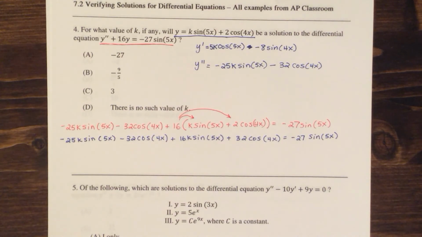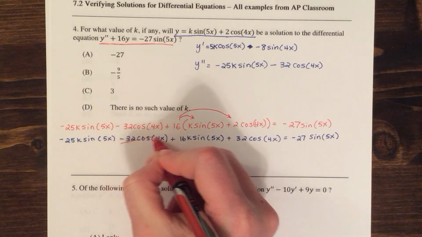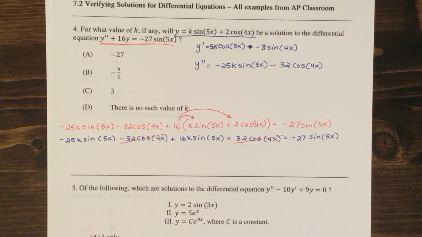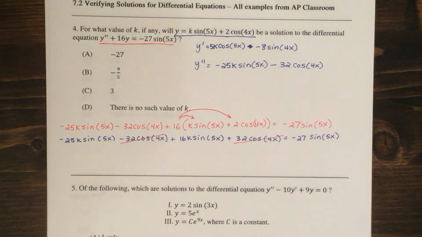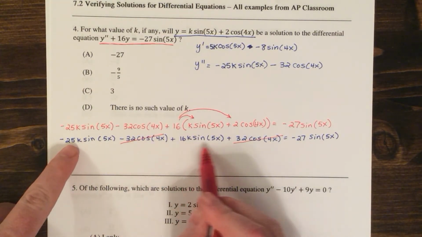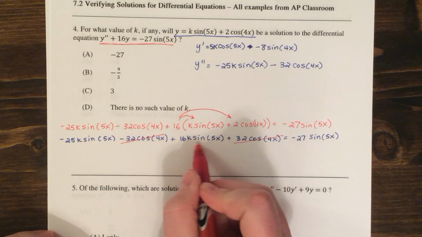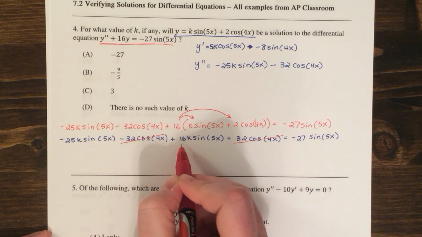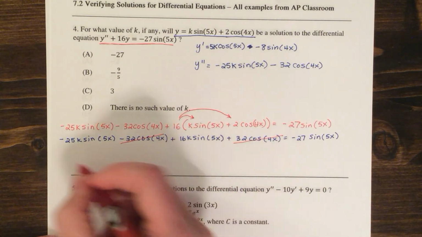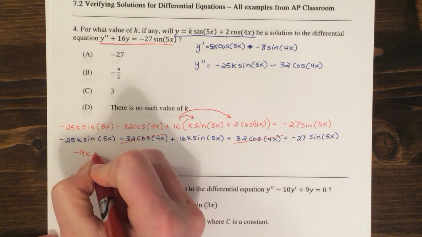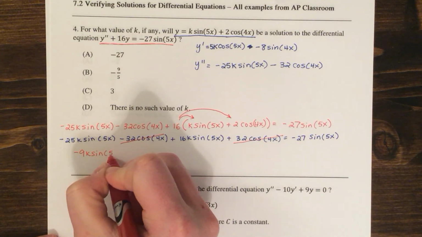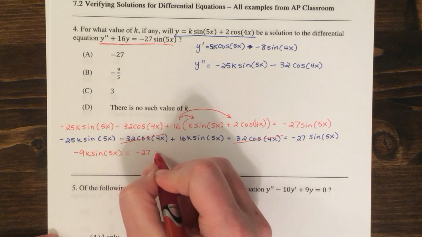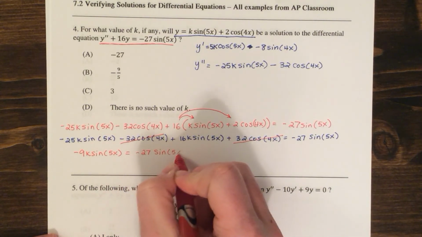What we can see here is we can combine some like terms. So we have this negative 32 cosine 4x and a positive 32 cosine 4x. Those are going to cancel each other. And then we can combine these two deals here because they have the same kind of back end portion. So negative 25 plus 16 is going to be negative 9. And that's going to equal negative 27 sine of 5x.